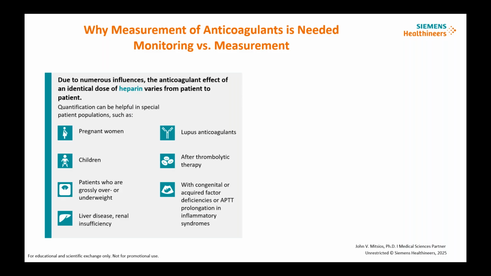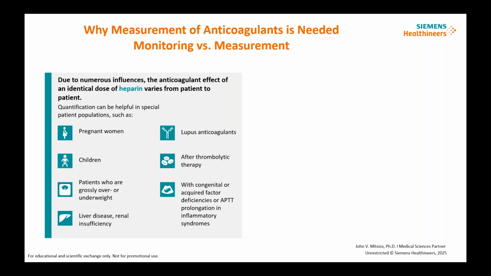But when we think of monitoring, especially in the context of heparin therapy, there are a number of instances where we do need to monitor some patients to ensure that they're properly anticoagulated to prevent any unnecessary thrombotic events. For example, in high-risk pregnancies, being able to assess the patient to ensure that they're properly anticoagulated during their pregnancy. Children, of course, because of differences in body weight, differences in ages, and so on, monitoring allows us to get that therapeutic concentration.